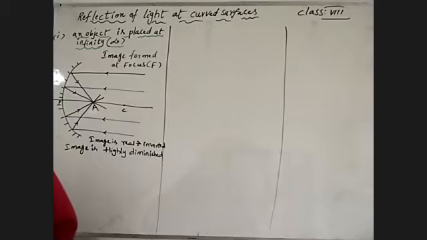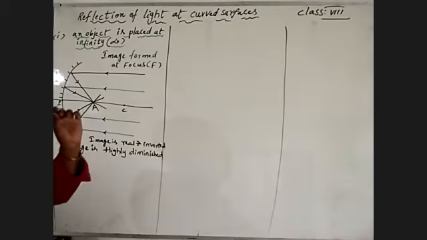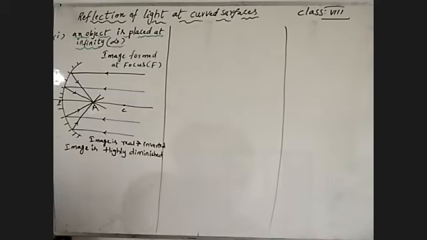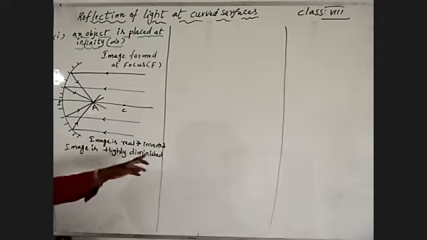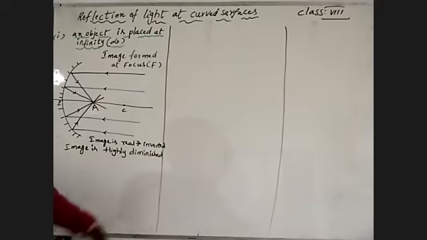The image is highly diminished. Diminished means become small, highly means very small. Understand? The image is real and inverted, and the image is highly diminished.